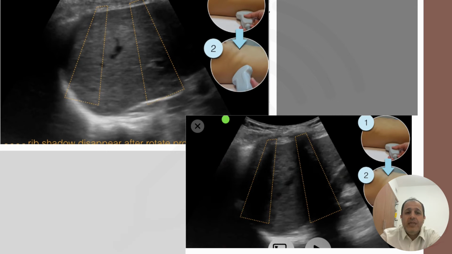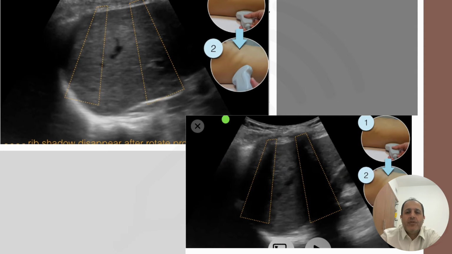And if you see here, there are some vertical dark lines that obscure the liver, so you cannot see anything here. In these cases, it is shadowing of the ribs. This happens when you keep the ultrasound transducer vertical, and that's why there is some shadowing.